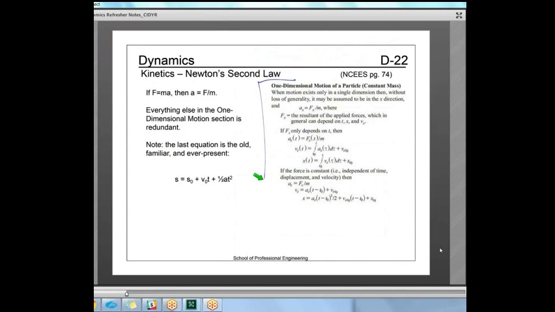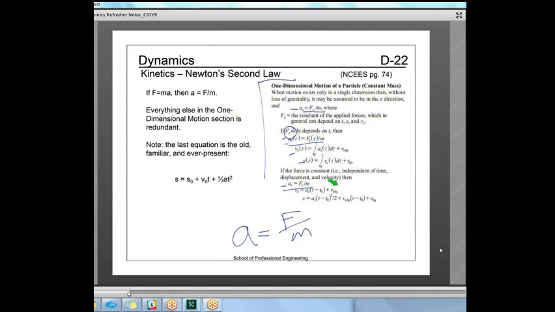Well, if that weren't enough, here's another section for you where they tell you that A equals F over M. Yeah, not all that enlightening, is it? So here's A equals F over M, and here's A equals F over M, and there's A. They're a little redundant, aren't they? Well, what they do clarify for you is that if the force is changing with respect to time, then you'd have to integrate this acceleration to get velocity and position.